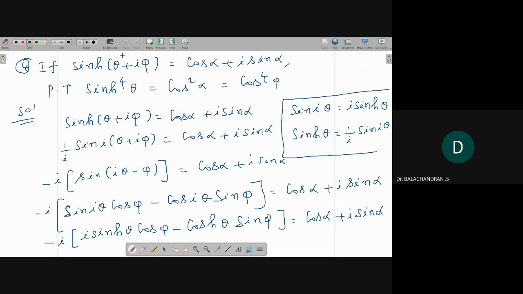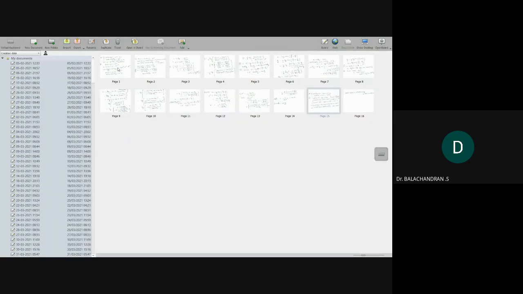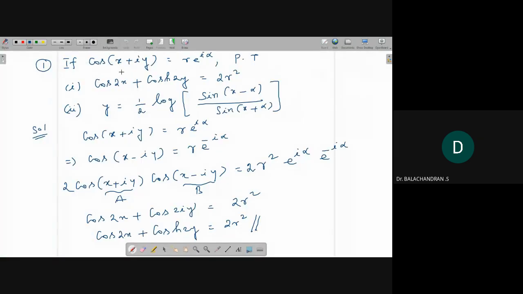In some problems, for example today's first problem, I have not written the real part and imaginary part: cos of x plus iy, and then cos of x minus i, to prove this.